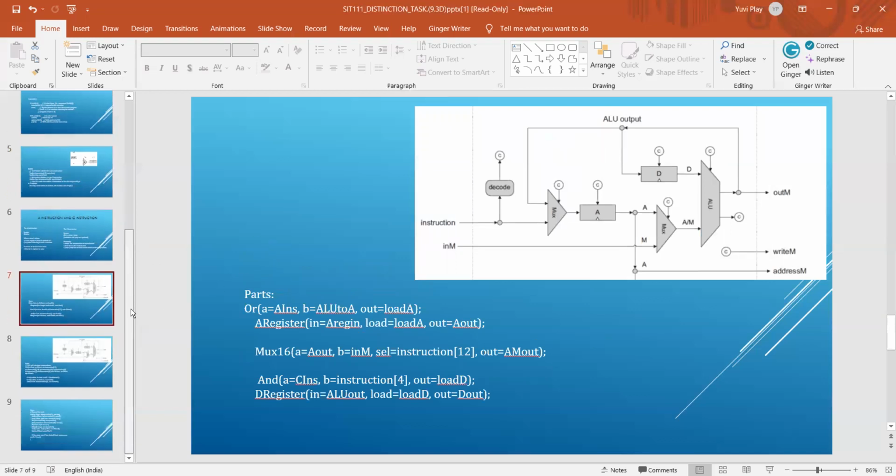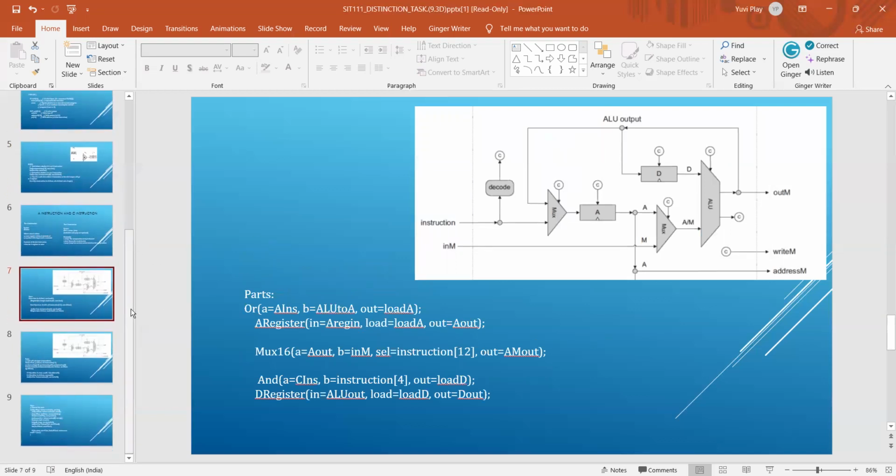Now there is an OR gate. The load will be equal to 1 if an instruction or the ALU output is fed, whereas the A register is used to store the value. Next, there is a Mux16 gate, which takes as input the value of the A register and the value that is currently selected in data memory.